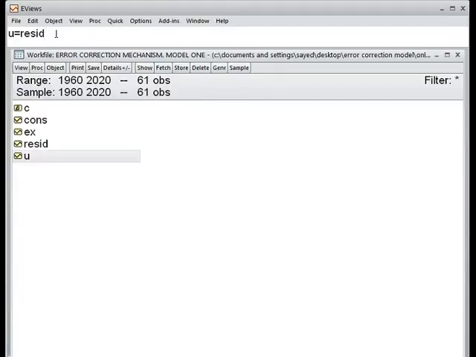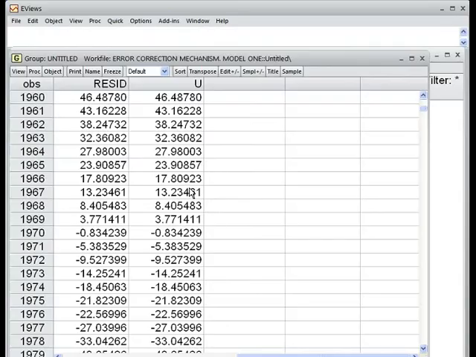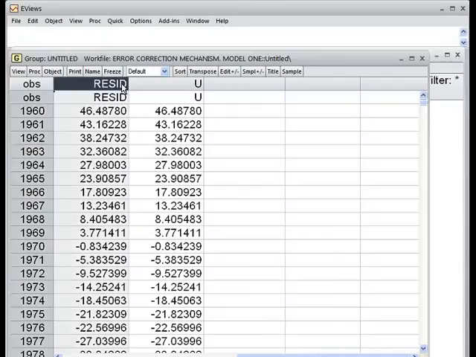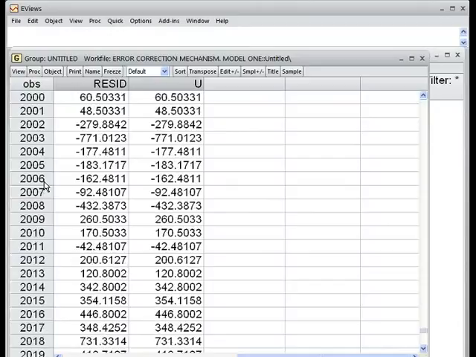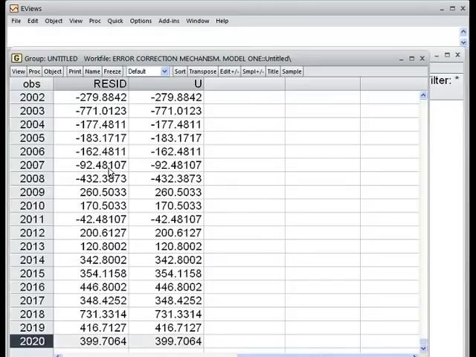Then I press enter. Okay, so now resid and u have become the same. So we are opening both to check. You see, resid and u have become the same, right? Until 2020, both variables become the same.